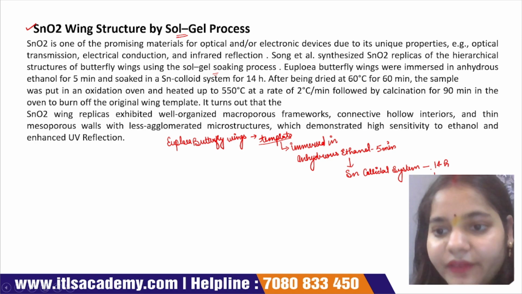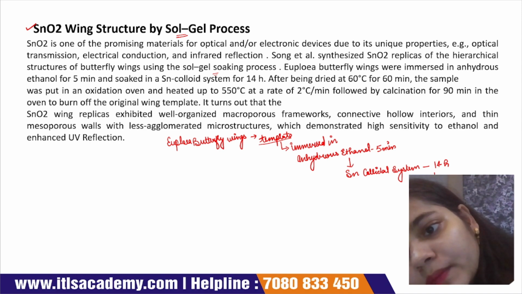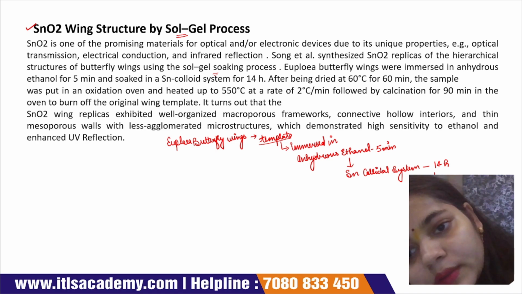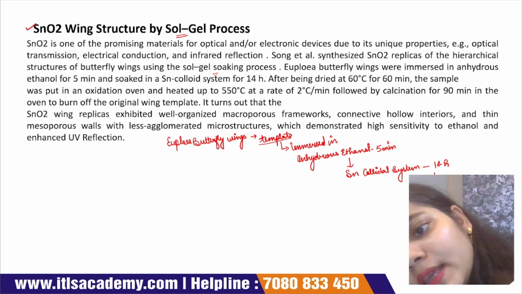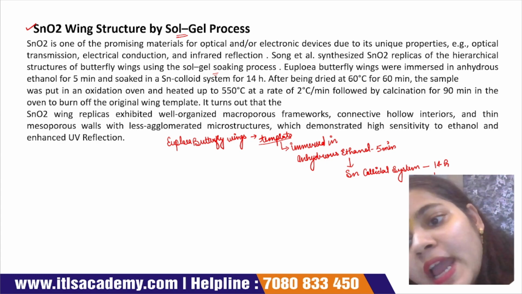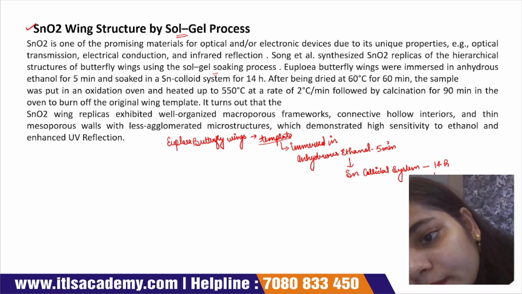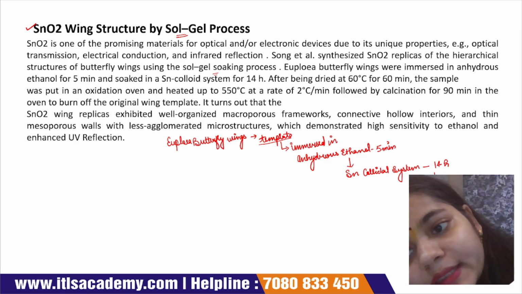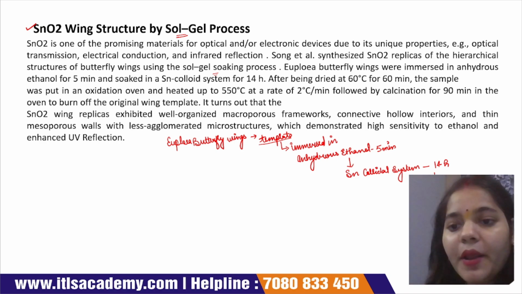After the 1 hour, it will be put into the oxidation oven and heated up to 550 degrees centigrade at the rate of 2 degrees centigrade per minute.